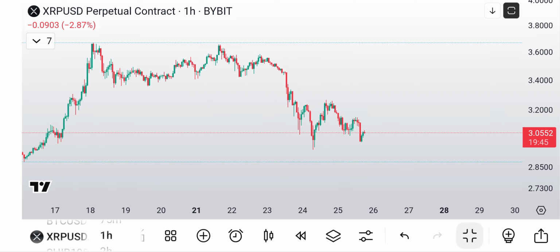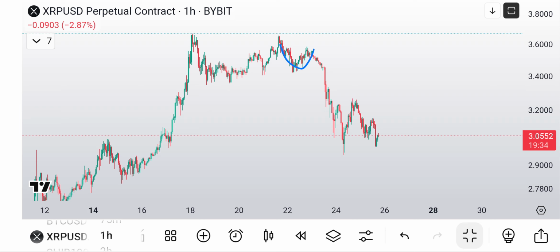If we look at the wave structure, there's a couple ways you can count it. For example, 1, 2, 3, 4, 5. That's 5 waves, so we have an A, B, C, we're done. And not only that, we're done in terms of hitting the extension, plenty of extensions.